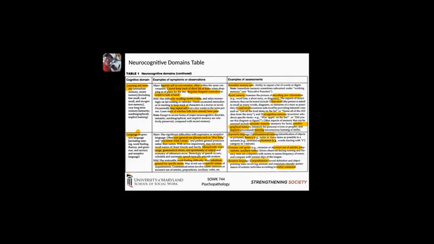Cued recall would be if you had pictures or still images, or even short video excerpts or short sound bites from it, to say, well, what was the woman doing in the car? I'll show you a picture of the car. Where was she going? That's a cued recall.